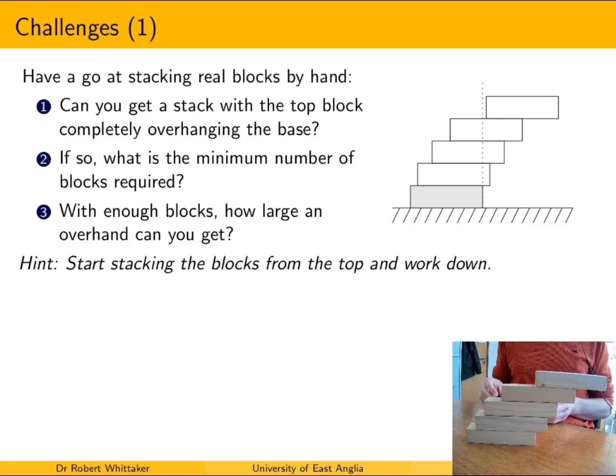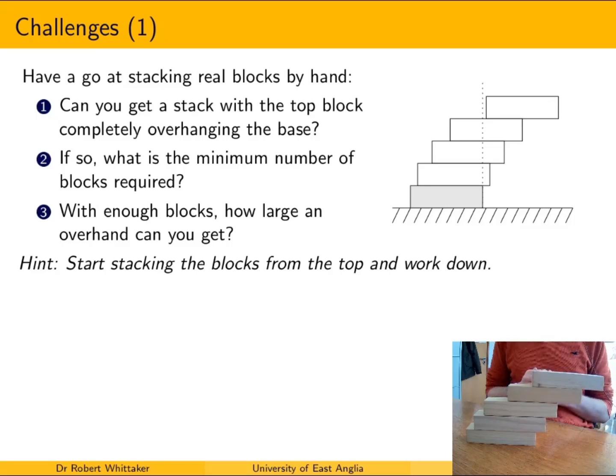And one question to ask yourselves is, can you get a stack in which the top block completely overhangs the base? So I want this left-hand edge of the top block to be slightly further to the right than the right-hand edge of the base here. So in this stack it's not going to work, but maybe if I rearrange the blocks or if I added more blocks, I would be able to get it to balance with a complete overhang.